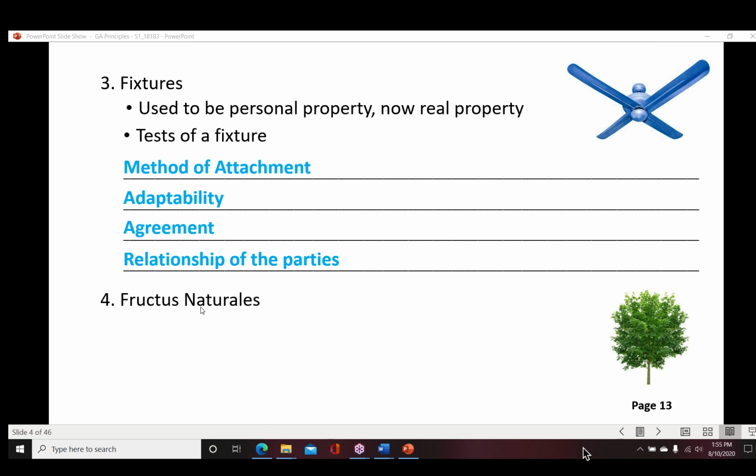If they say yes, then we put it in the agreement, what it is, and we also put flagging tape on it so the buyers will know it won't be there when they move in. Because you never want to end up in court, y'all. You never want to end up there.